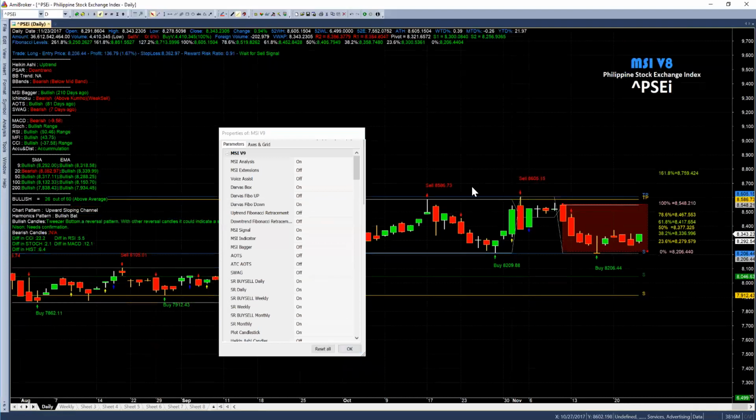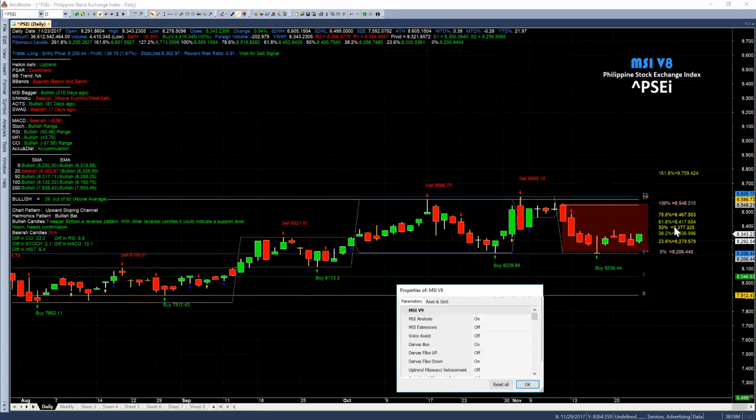Okay, so with this analysis, magkakaroon din kayo ng extra support and resistance in between the range. So currently, nagtitrade siya near 38.2% Fibonacci. So again, every time na nagbe-break out siya above this Fibonacci levels, mas lumalakas yung trend niya.